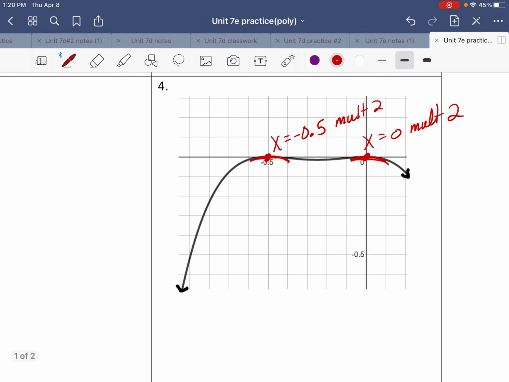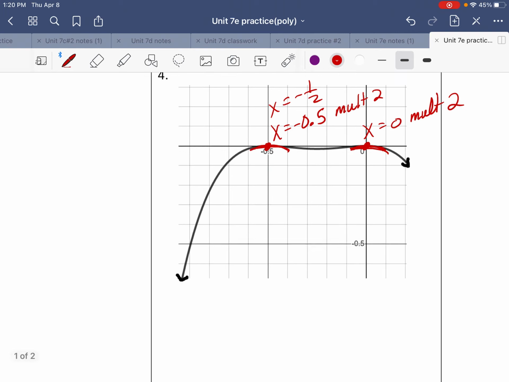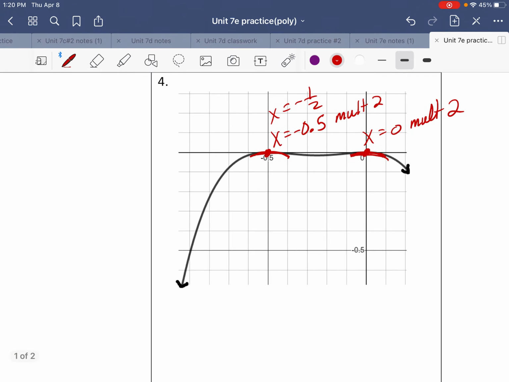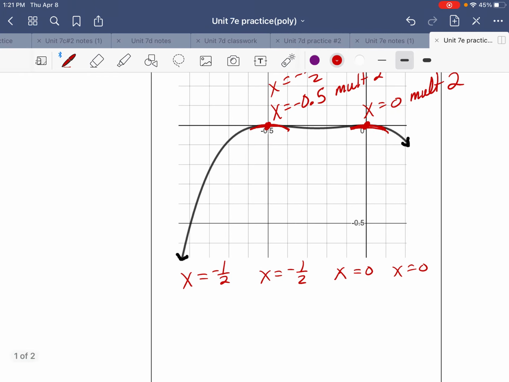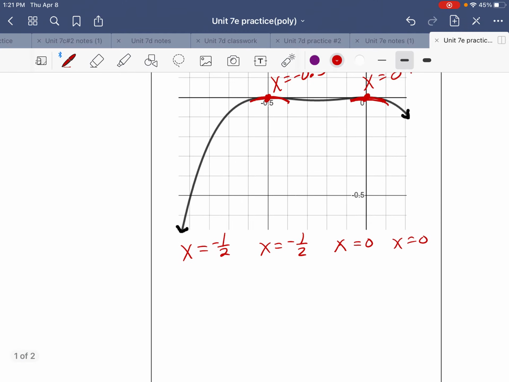And negative 0.5, we can rewrite that as x equals negative 1/2. So when we write these, we have x equals negative 1/2, another x equals negative 1/2, and x equals 0, and another x equals 0. So we're going to actually have 4. And you look, you have 4 different slopes there, so that's the minimum we could have for a degree. We're going to have 4 answers, so it should be to the 4th power.